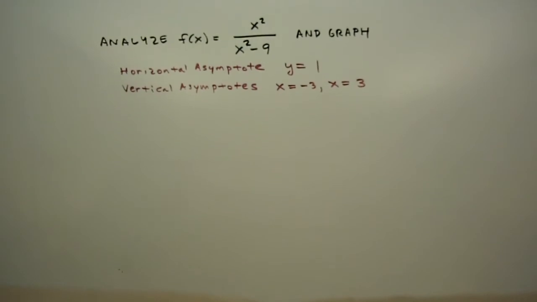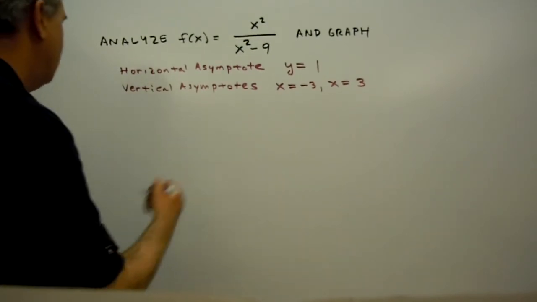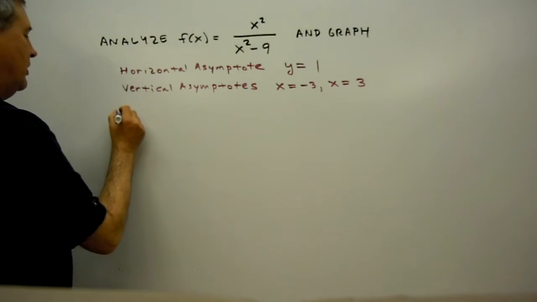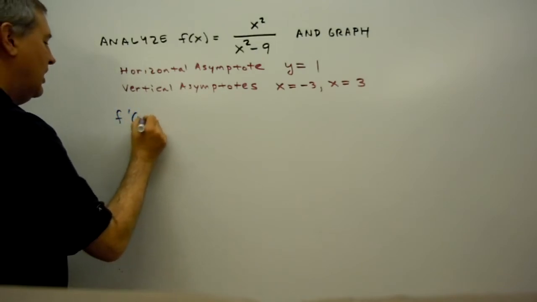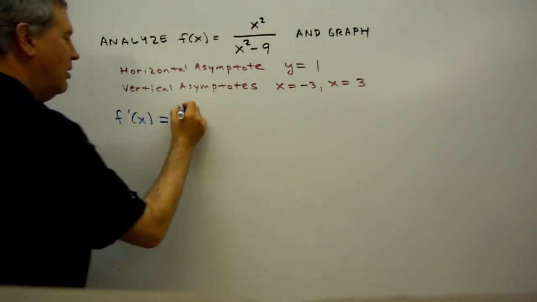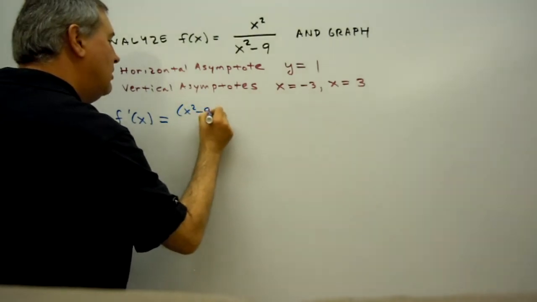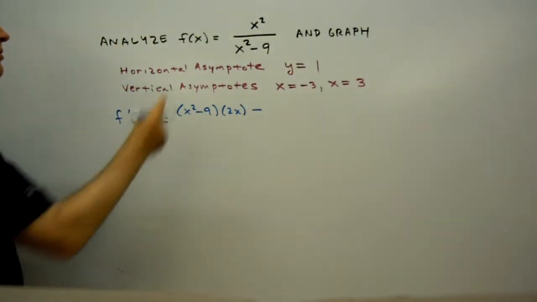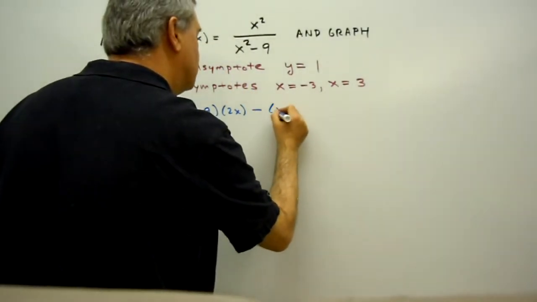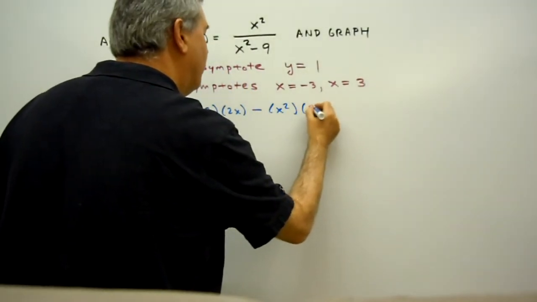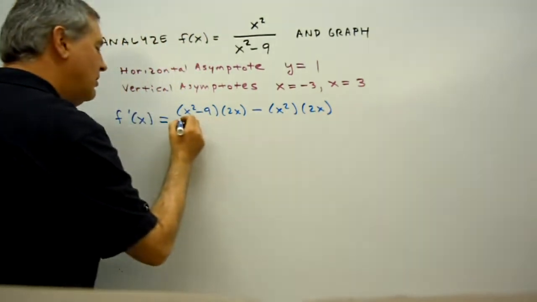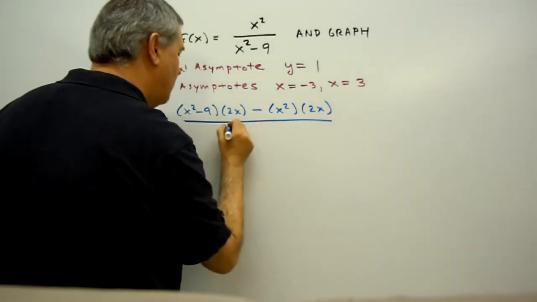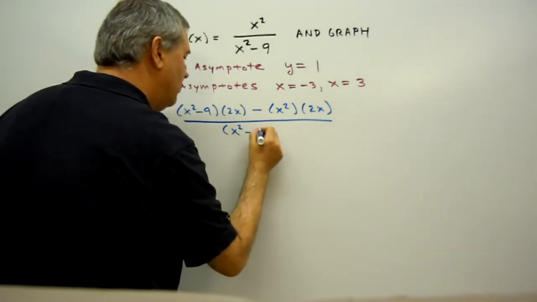And then in terms of what the first derivative can tell us, the first derivative is, by quotient rule, the bottom times the derivative of the top minus the top times the derivative of the bottom, all over the bottom squared.